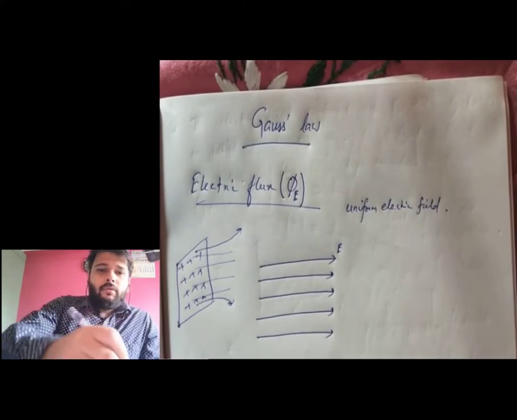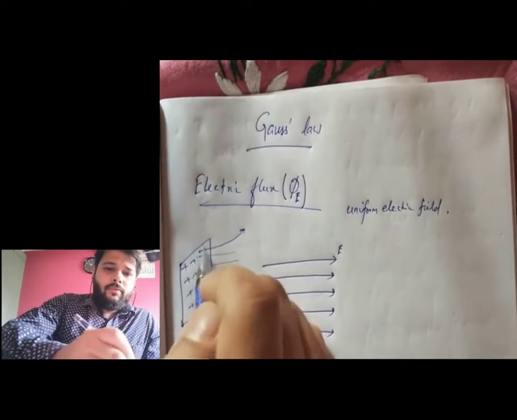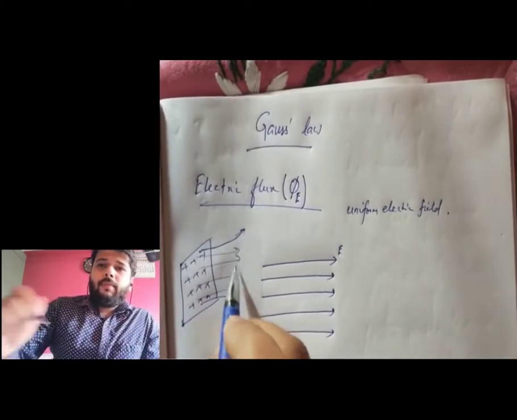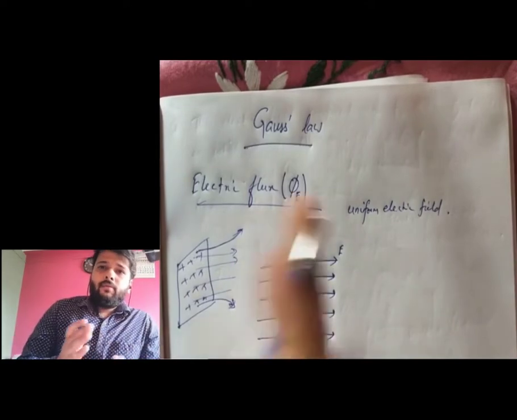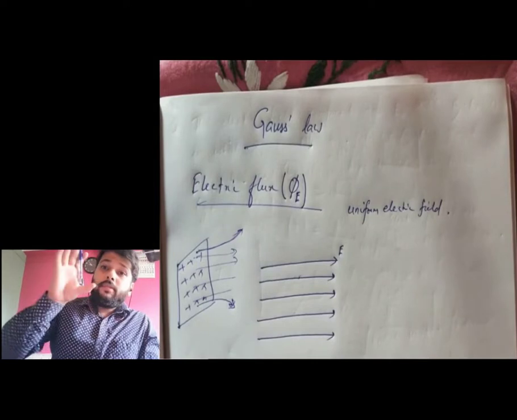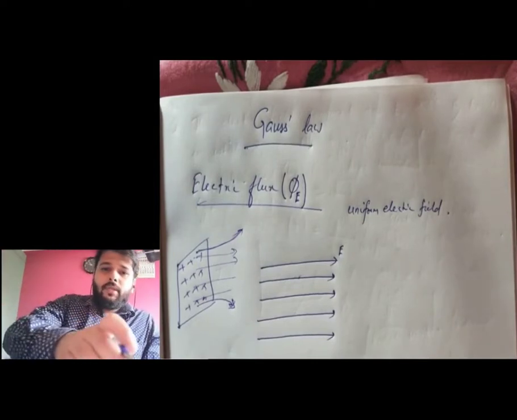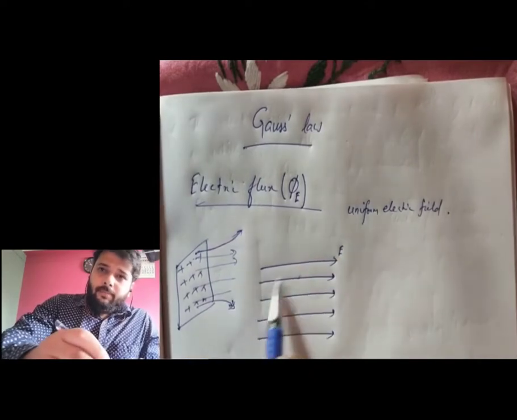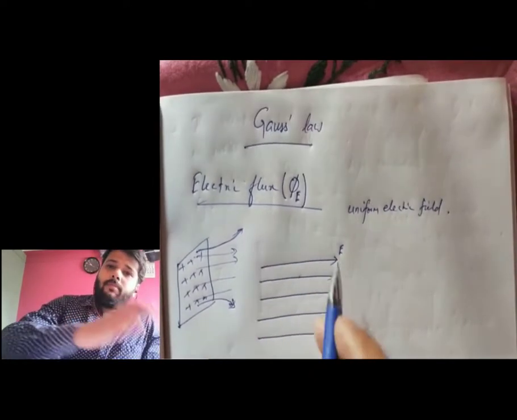But we are not concerned with that. To produce a uniform electric field, we must have a plane charge, and only then is the electric field parallel. So whenever I draw electric field lines parallel to each other in this way, it means there is a plane charge.